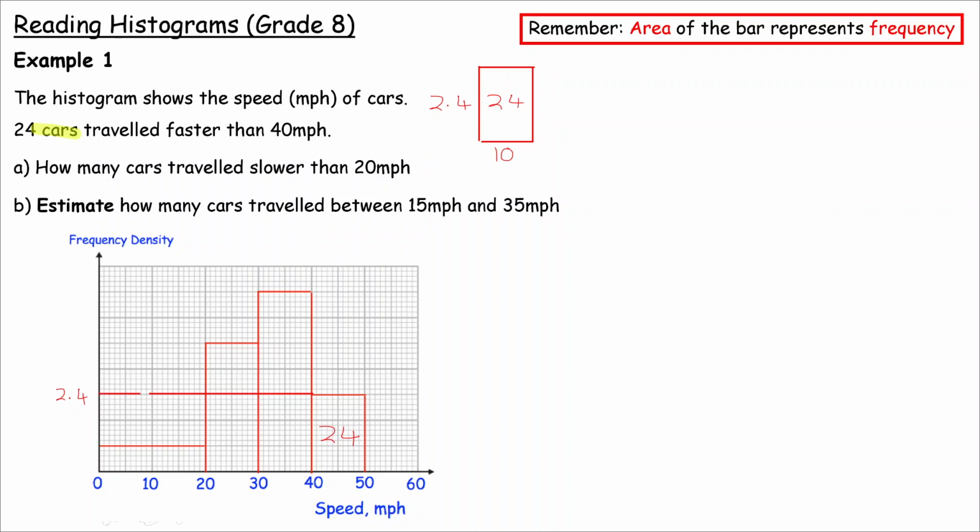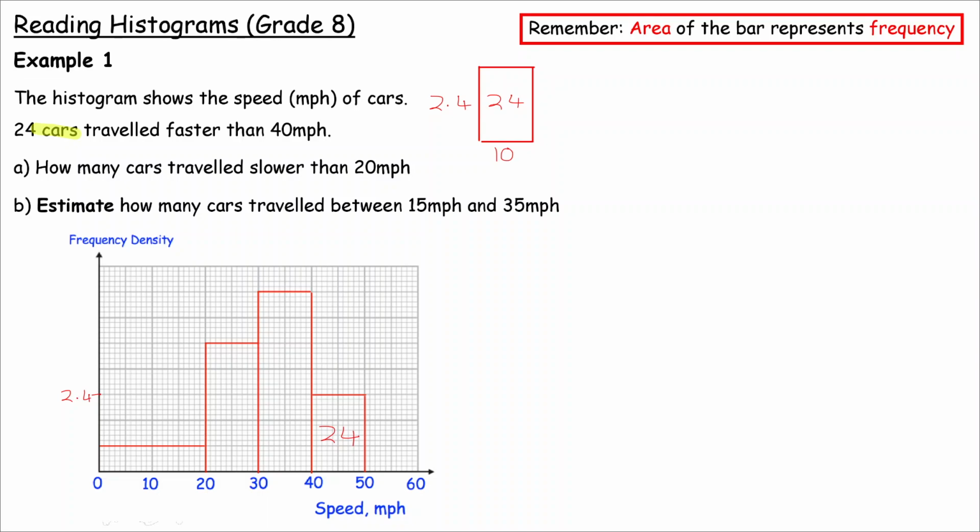Let's get rid of that line now. So this value here must be 2.4, and this increment here is going up in 1, 2, 3 parts. I can break it up: 2.4 divided by 3 is 0.8.